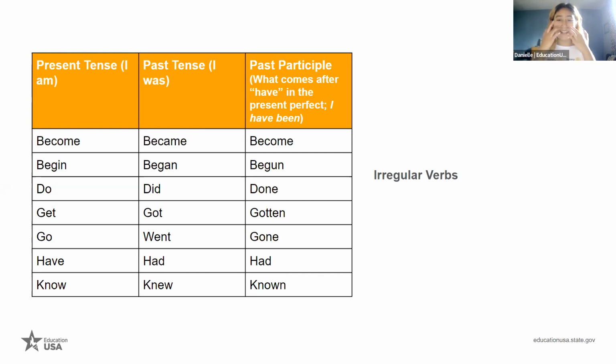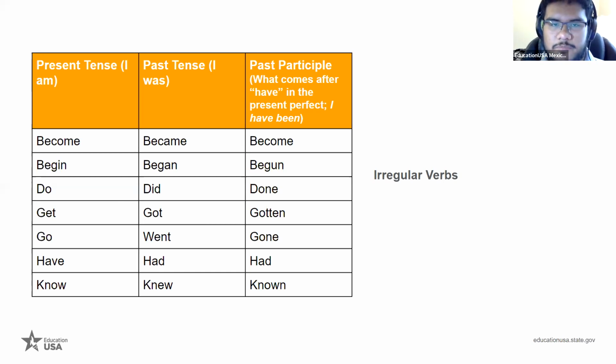George, I don't know if you want to add something about the irregular verbs. Yeah, first of all, the part in the past participle column where it says it's in the present perfect, this actually applies for all of the perfect tenses, including the past and the future. So instead of "I have become," you could say "I had become." It works the same way.